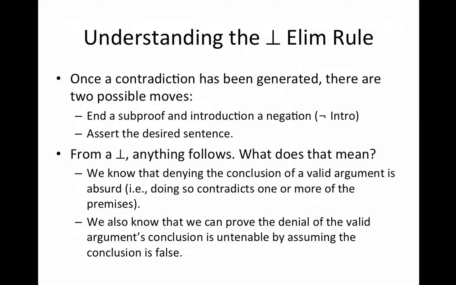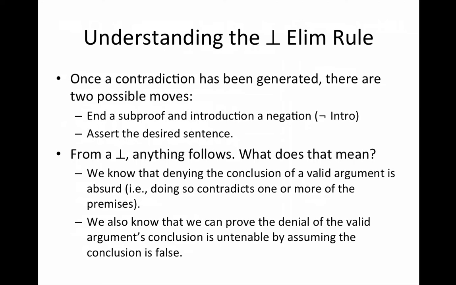So let me address the natural question that arises, which is, wait a minute, what do you mean from a contradiction anything follows? That feels like I'm cheating, or like I'm flouting some rule of the universe. No, you're not. You're neither cheating nor flouting a rule of the universe.